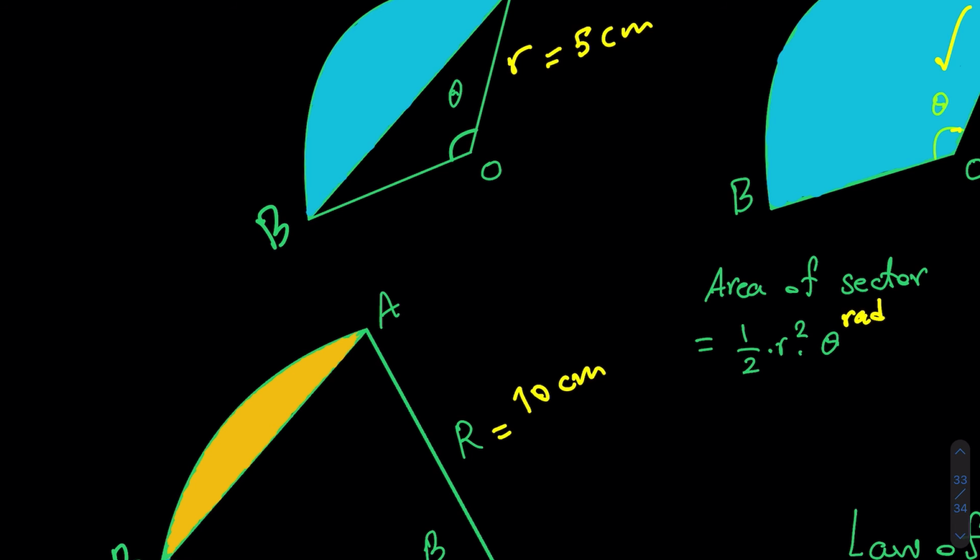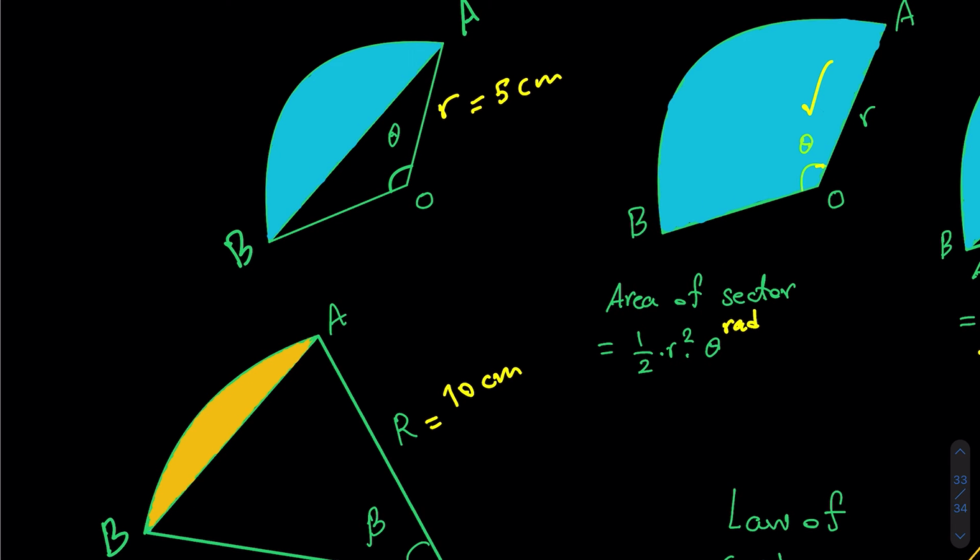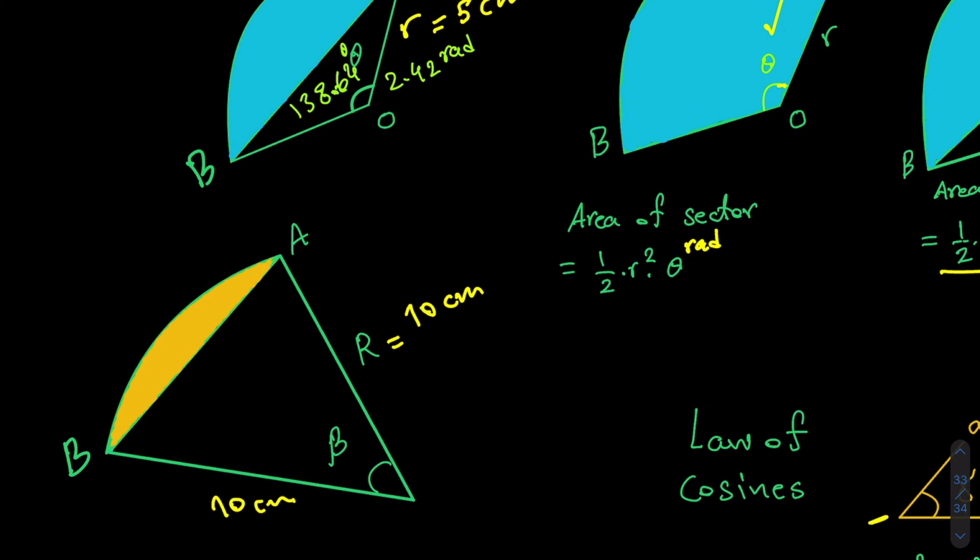Now we are able to calculate, because we have this angle theta, which was 138.64 degrees or 2.42 radians, and also this beta that we have found, which is equal to 55.744 degrees, or you can use a calculator, which gives 0.973 radians.